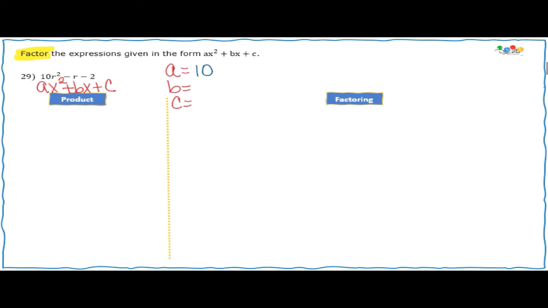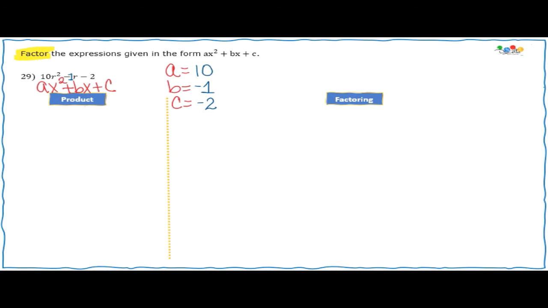Yes. B, yes, b looks like has no number, right? But we agree that anytime that there's no number, we are going to write down a 1. So that will be a negative 1. And how about c? Yes, it will be a negative 2.